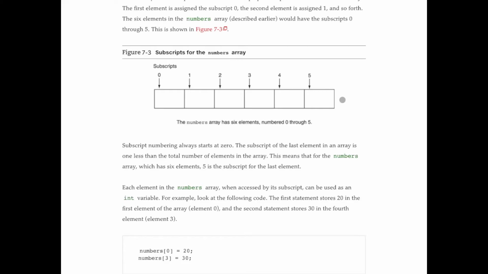However, if you try to put something in the numbers array at element 6, which would be right over here, immediately that is going to cause your application to close. It's going to throw an exception. That exception is hopefully going to be caught. We will talk about catching exceptions more.